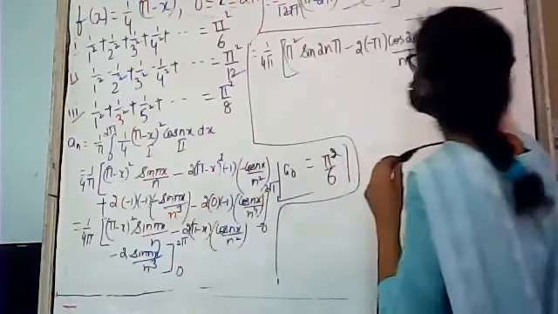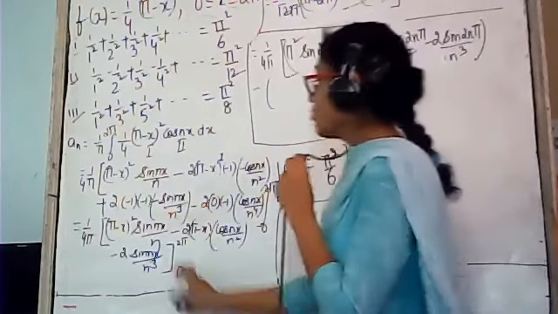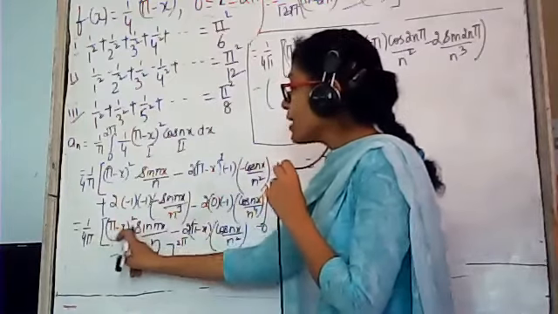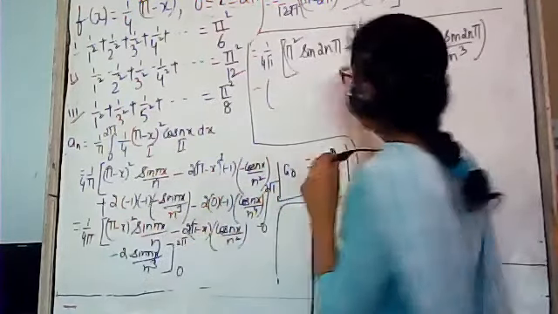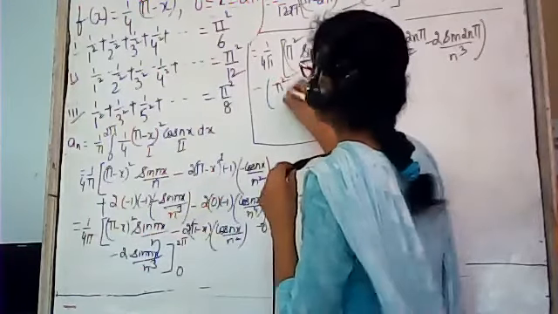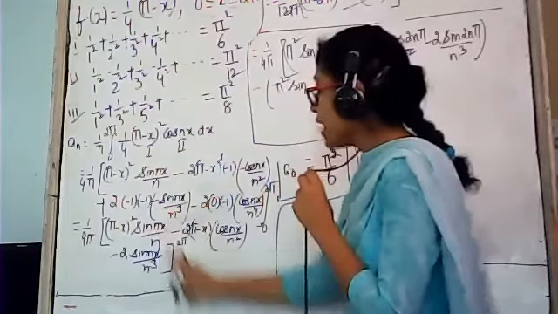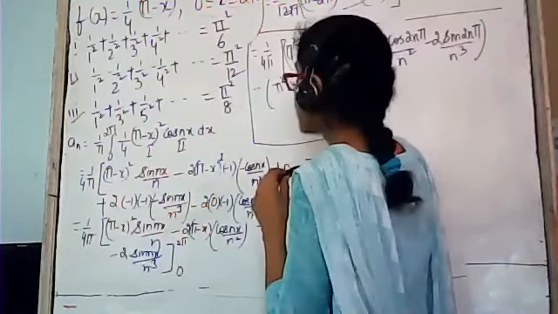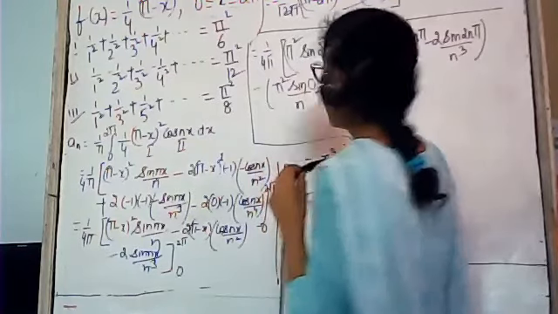After that, we have to substitute the lower limit. For the lower limit, we have to put 0. Pi minus 0 the whole square. Pi minus 0 will be equal to pi. It will become pi square sine n into x. In the place of x, we have to replace 0. It will become sine 0 upon n, minus 2 pi.